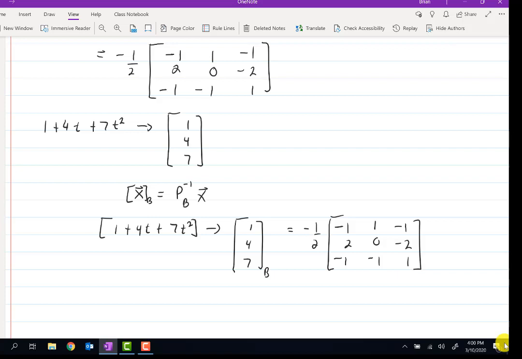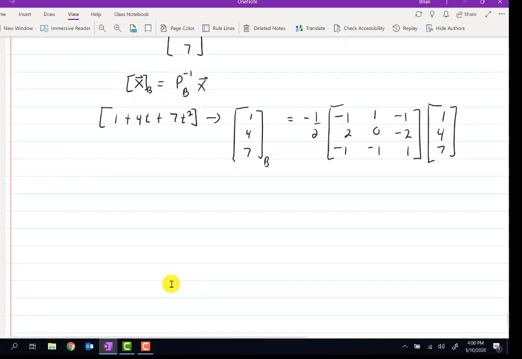And the x that we're looking for was the 1, 4, 7. So let's see what it equals. I'll keep the negative 1/2 out there. Of course, I'm going to get a 3 by 1.